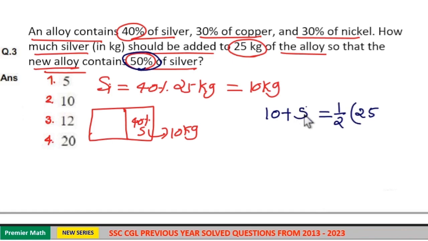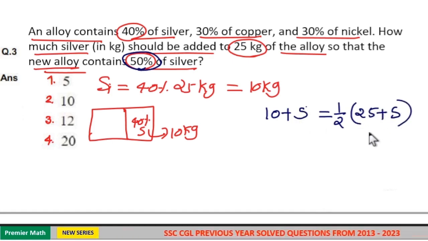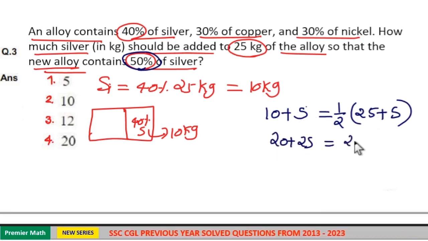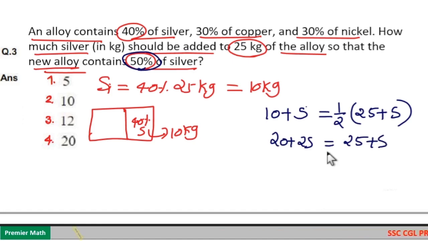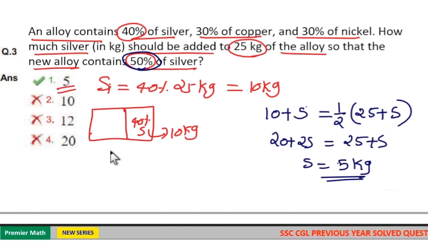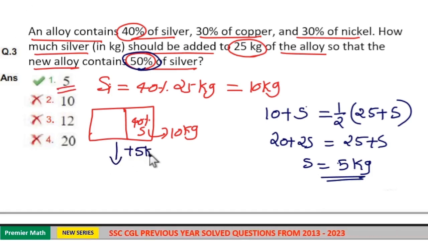When I add S kg of silver, the new alloy weight will become 25 plus S. So 20 plus 2S is equal to 25 plus S, which means S is equal to 5 kg. Option 1 is your answer. That is, when I add 5 kg silver to this initial alloy, the new alloy will contain 50% silver.